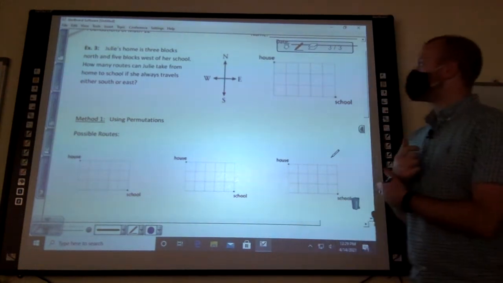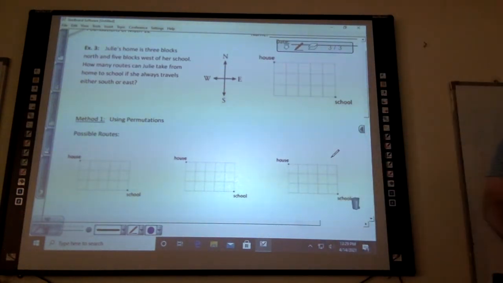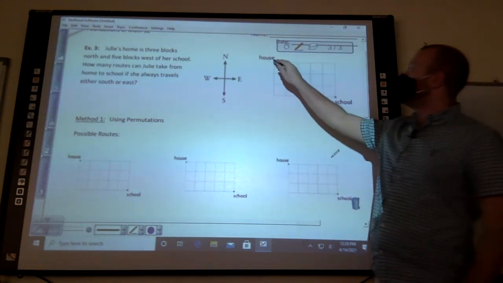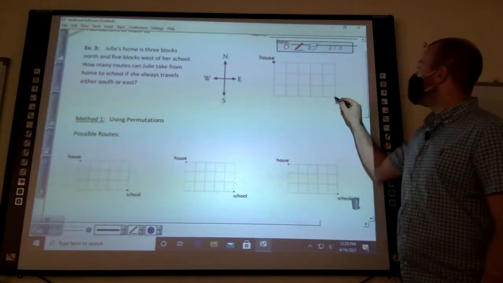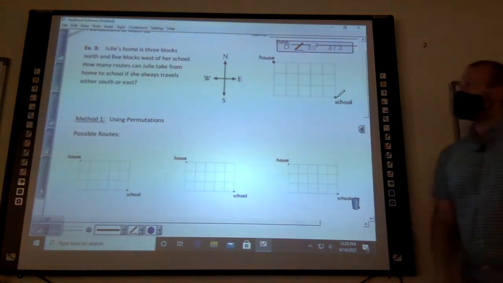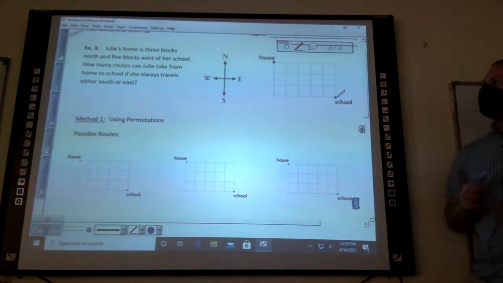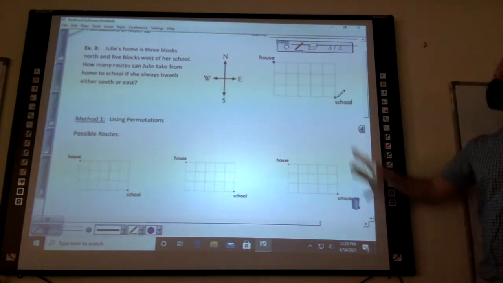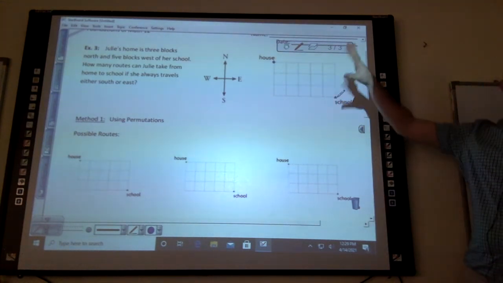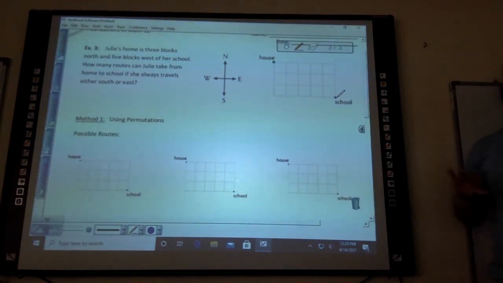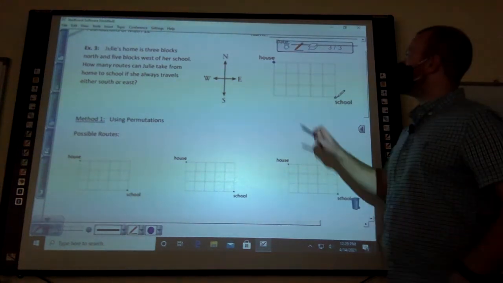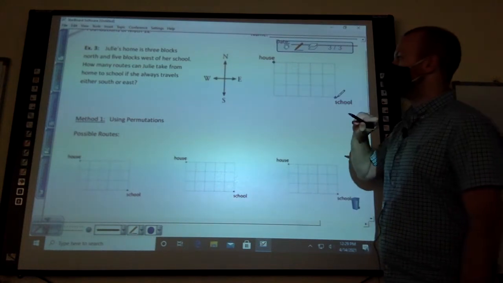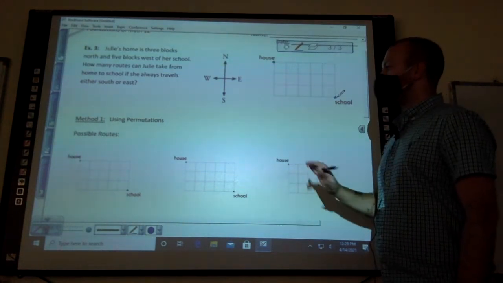So this is a special case where you have a starting place, you have a finish place, you want to travel there, and you can only travel south or east. So essentially what we're going to do is turn this question into a question that we just saw. So if I wanted to go from the house to the school, there's a whole bunch of different paths.